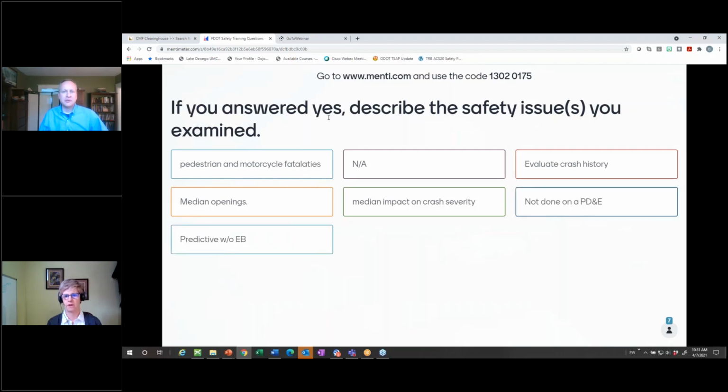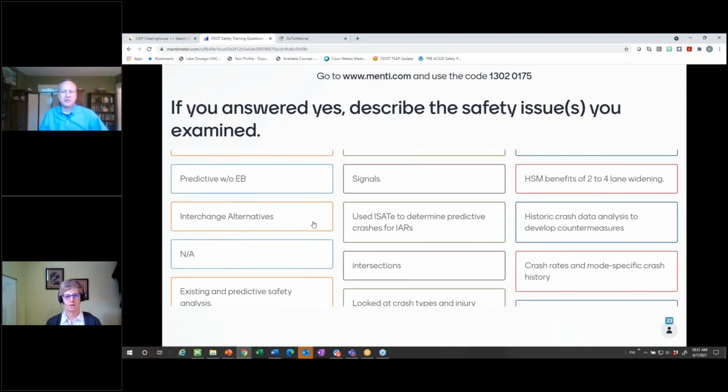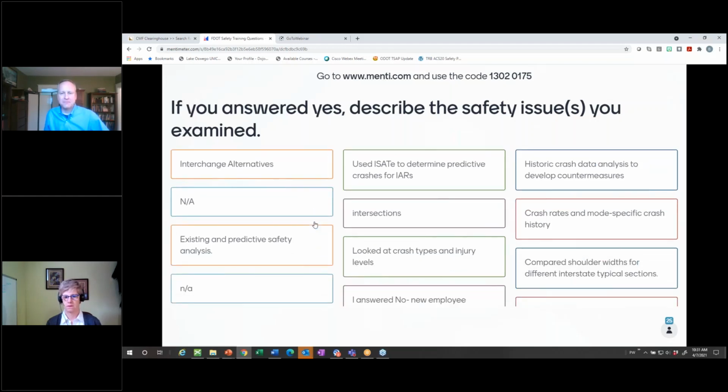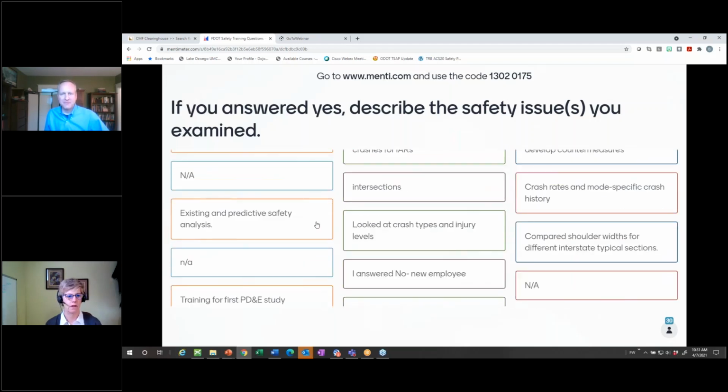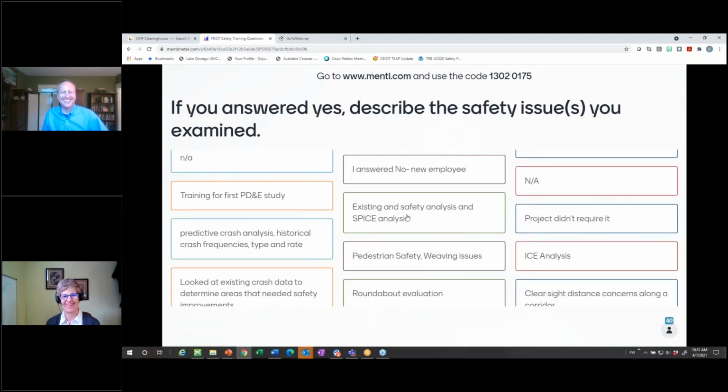Median impact, interesting. Not done on PD&E, predictive without EB. Mode-specific crash history. The new employee, fair enough. ICE, pedestrian safety and weaving.